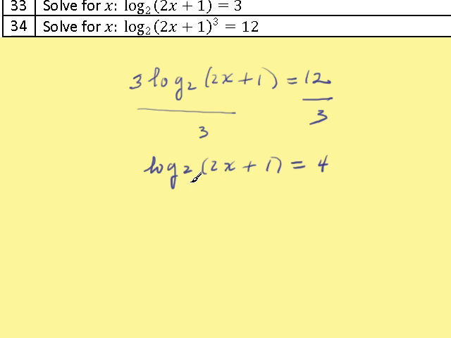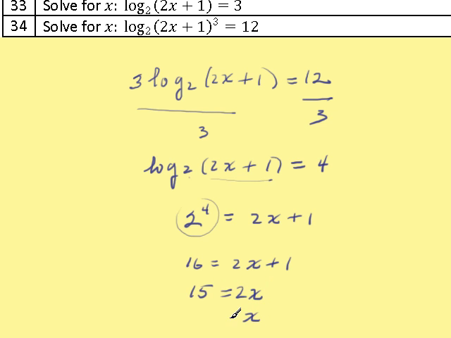And now do what we did before. Write it in exponent form. Base 2 to the exponent 4 is equal to 2x plus 1. So this is 16 is equal to 2x plus 1. 2x is equal to 15. x is 15 over 2.